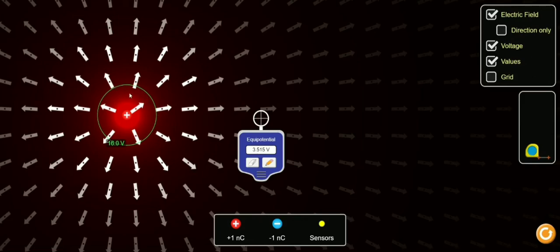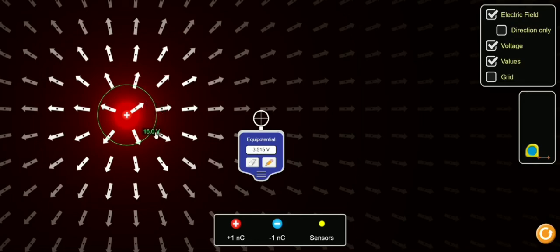You see everywhere, if you measure the potential, it will be the same. What is the reason? Even if you measure anywhere here, it is 16 volt. All over the circle, it's a sphere in 3 dimensions, we have a potential of 16 volt only.